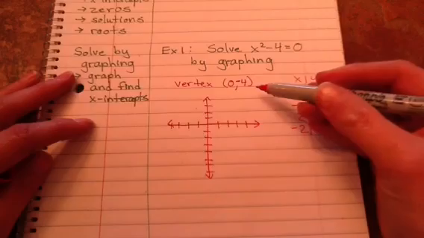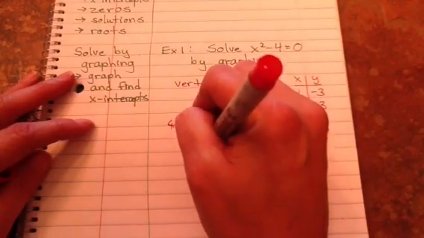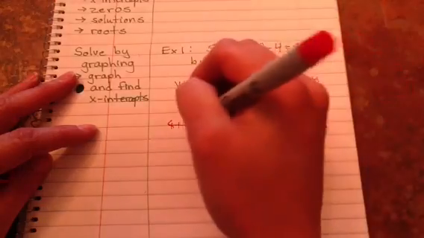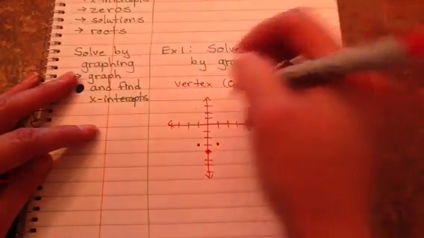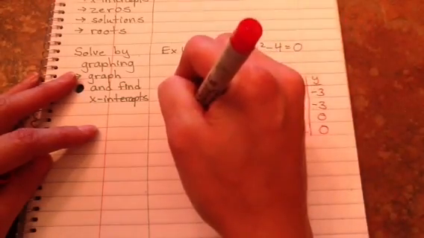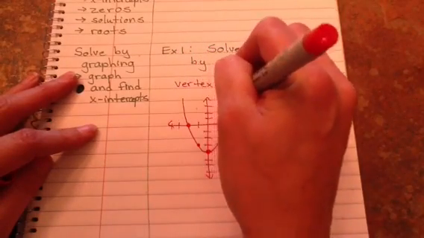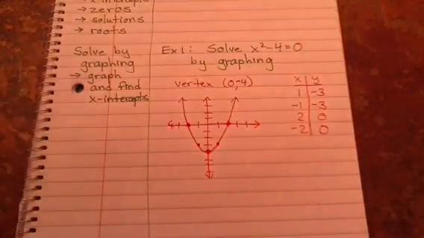So we're starting at the point 0, -4, and then we have 1, -3, -1, -3, 2, 0, and -2, 0. We actually ended up finding our x-intercepts while we were plugging things into our t-chart.